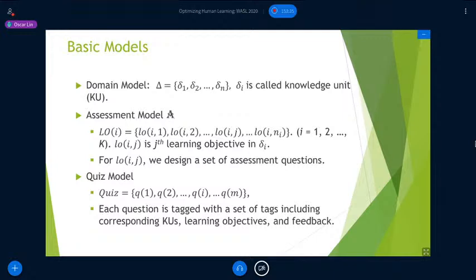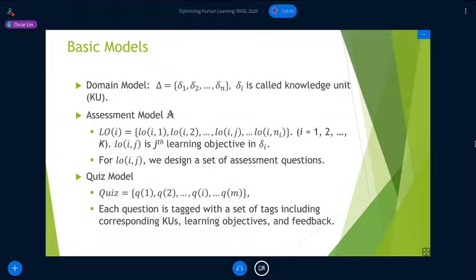There are several basic models to support our algorithm. First is the domain model. The domain model consists of a list of knowledge units in a course, and each knowledge unit has a list of learning objectives, or rather knowledge components.